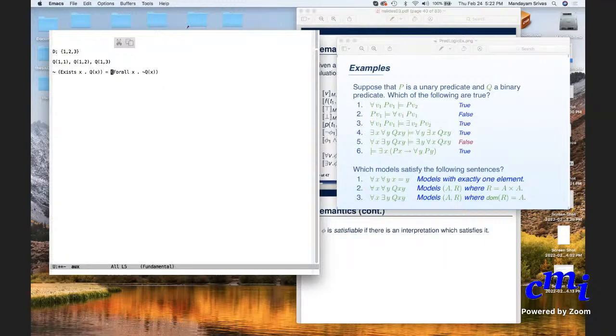So for every x, not of q is true, then there's no way that you can have an x for which q of x is true. And that's what he's taking, I presume. Correct, Chandradeep?